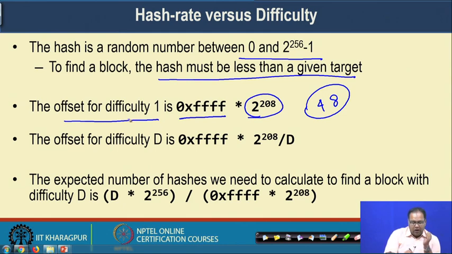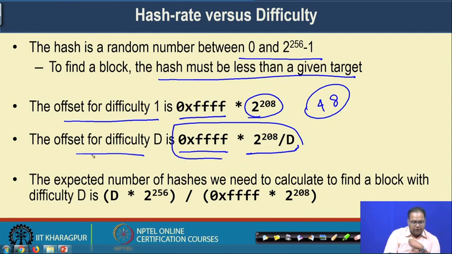So, that is the offset for difficulty 1. Now, accordingly we define the offset for difficulty D as all ones into 2 to the power 208 divided by D. So, this many number of zeros for different values of D. By doing this computation, you can find out how many zeros you want at the beginning.